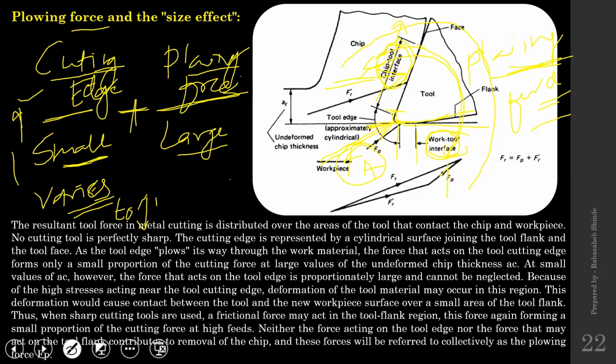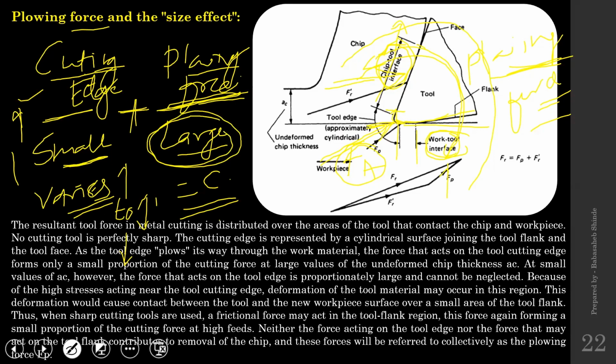Whereas this plowing force component does not have any effect of the depth of cut, or this plowing force component almost remains constant during metal cutting. Either you increase or decrease the depth of cut, this plowing force is going to remain constant, and that holds a large proportion of the total forces acting on the cutting tool.